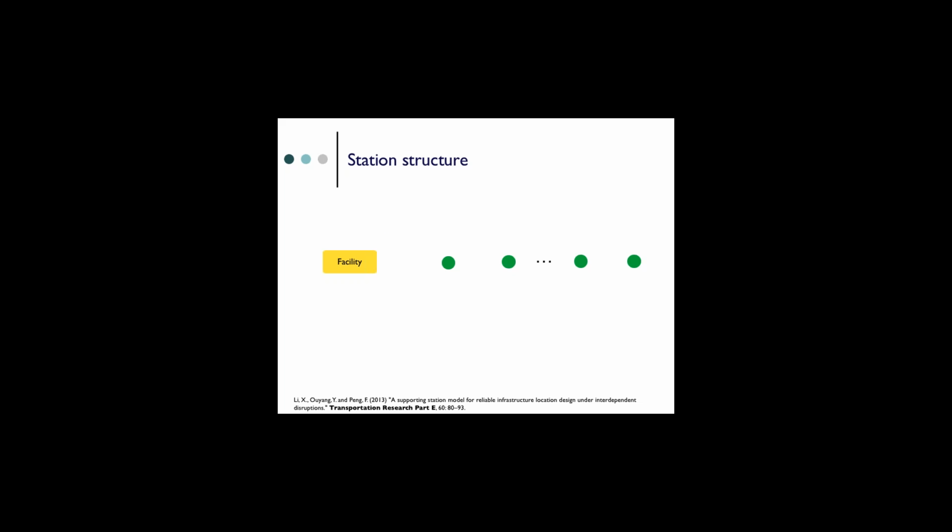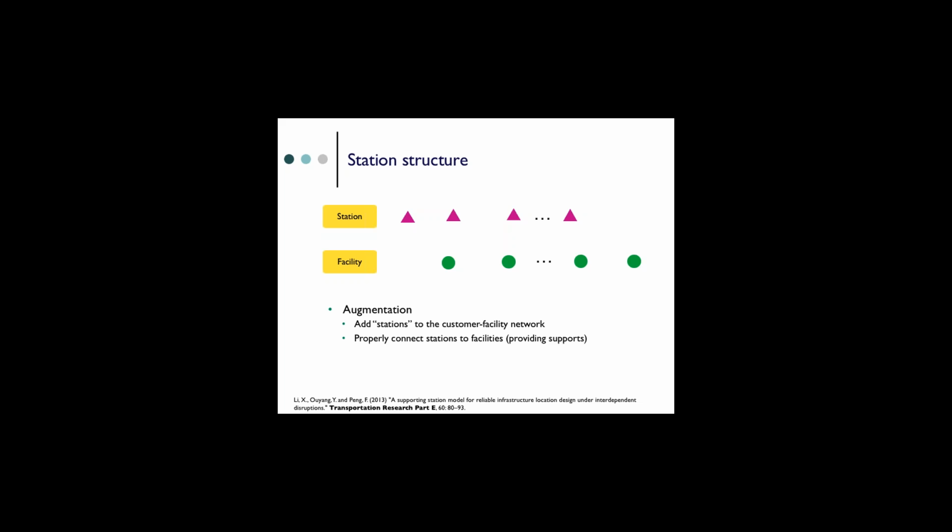Now we have represented the correlation in a mathematical form, but still it cannot be directly used for the facility location design. Therefore, we further propose a station structure representation to represent the correlation. This idea was first introduced in a reference. Basically, we augment the original facility system by adding an additional layer of stations.